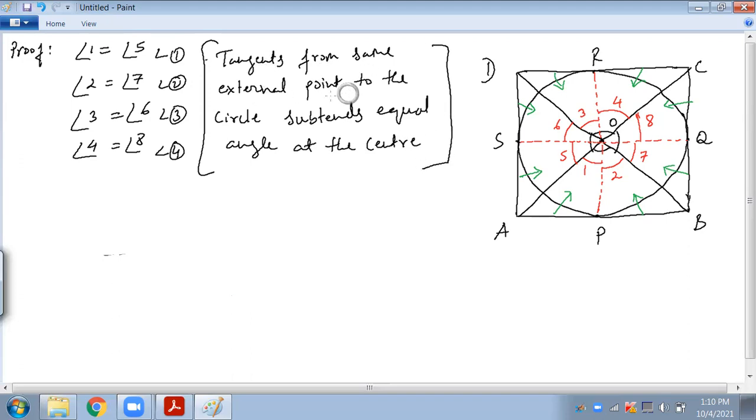Tangents from same external point to the circle subtend equal angle at the center, so they will be equal.